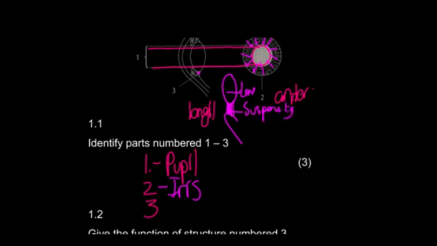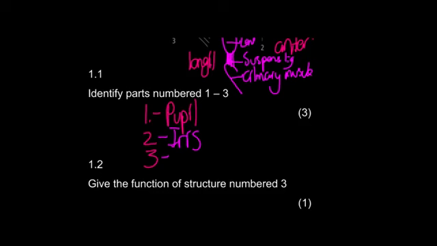Underneath that is the muscle, because muscle does not attach to my lens. If my muscle was to attach to my lens, I would have torn my lens and damaged it far earlier. So they're pointing to the structures that are attached to the lens. So number 3, what am I looking at? I'm looking at my suspensory ligaments.